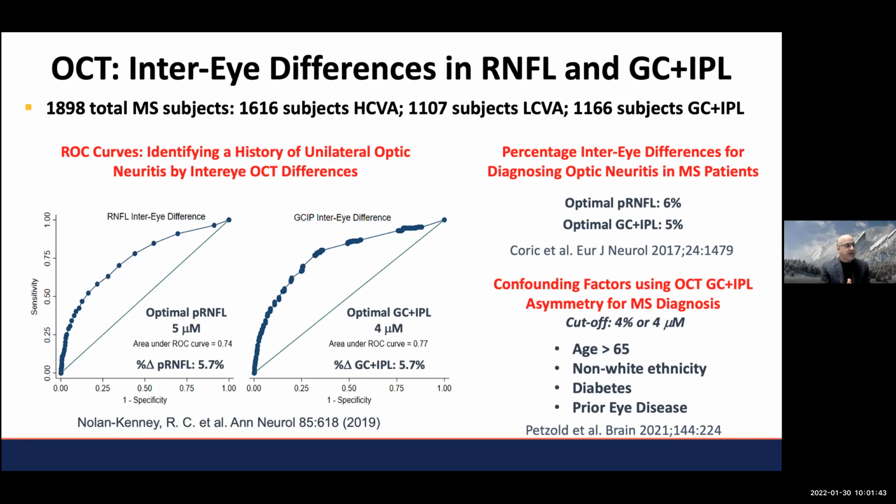And if you think about this as being helpful, imagine a patient with a clinically isolated syndrome who doesn't have enough information by MRI for determination of dissemination in space. One could get dissemination in space information by OCT differences, as well as potential dissemination in time information, since it takes about 3 to 6 months to detect maximal thinning of the retinal nerve fiber layer and ganglion cell interplexiform layer.